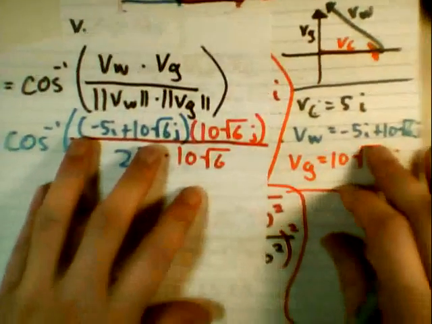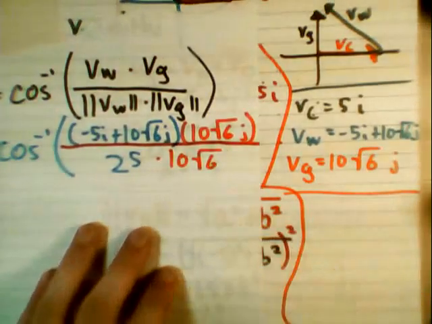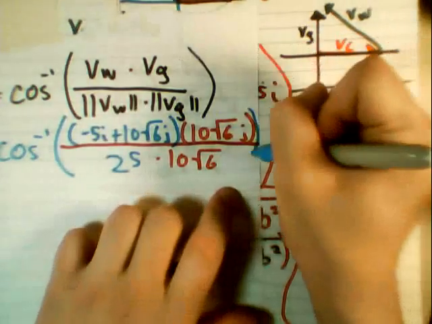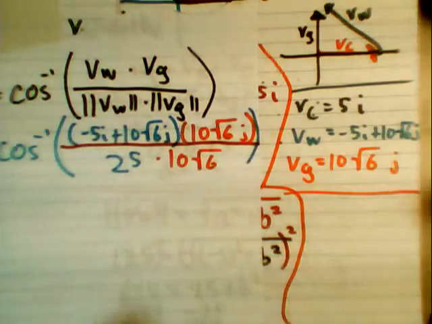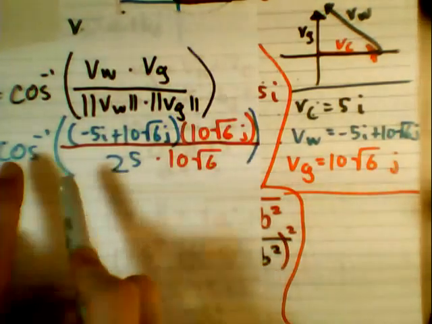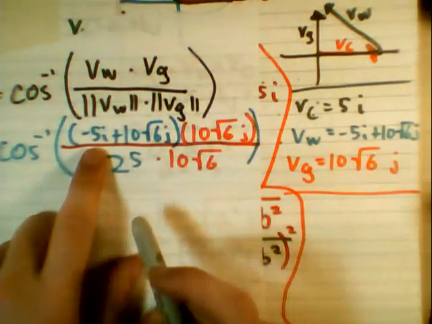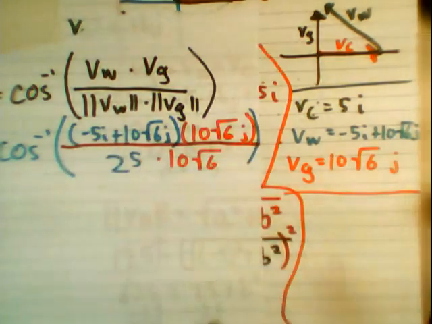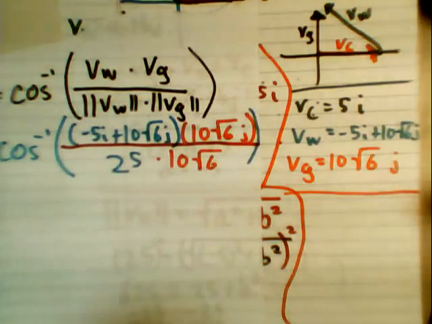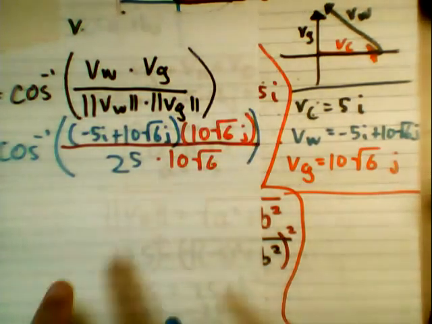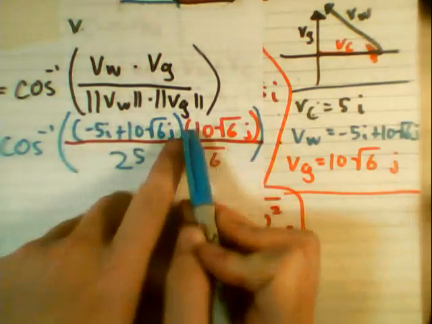I'll move this up now. Sorry about that. Okay. So there's one more thing before we can really punch it into the calculator. So when you're multiplying vectors, like I said earlier, you can only multiply x's by x's, and you can only multiply j's by j's. So this side has an I, but this side doesn't.